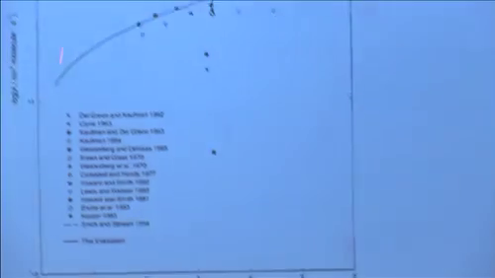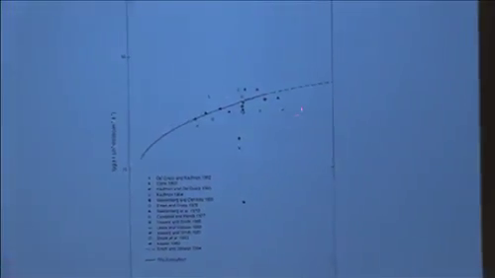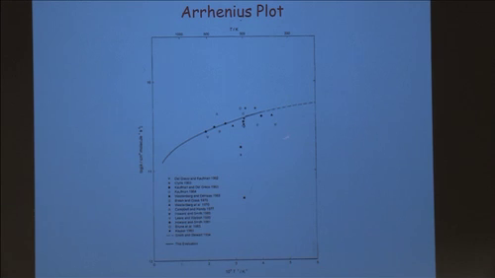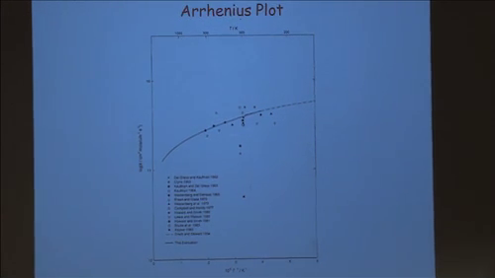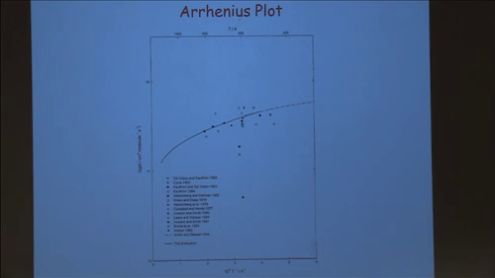But now that's all changed. And so here, finally, it gives you an Arrhenius plot for the experimental data, and it's fairly big scale, and most of the data scatter around this best fit line.